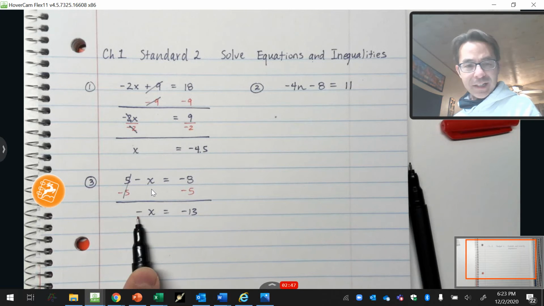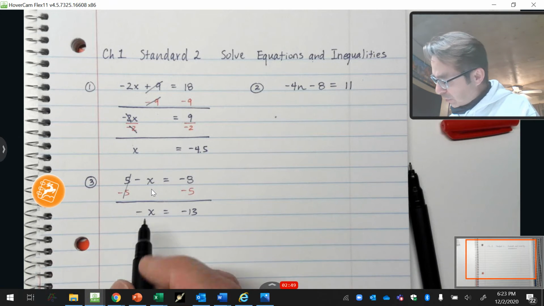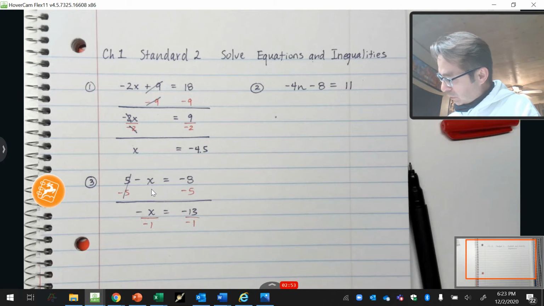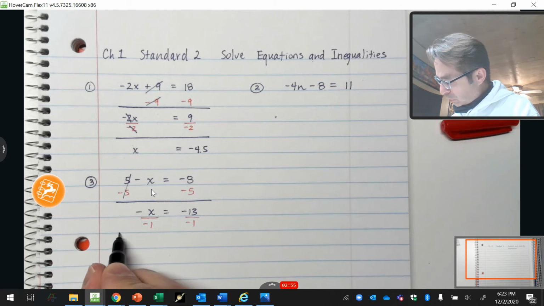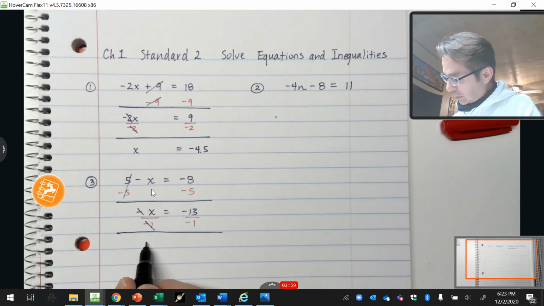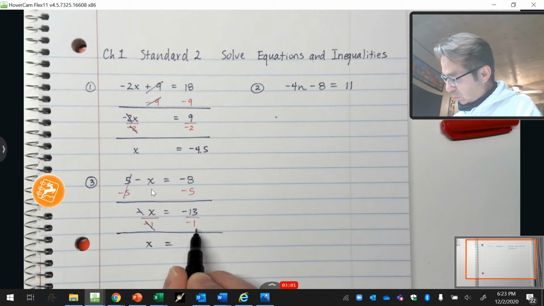And this is really negative 1 times x, so you need to divide both sides by negative 1. And this cancels this, and you get x equals 13.